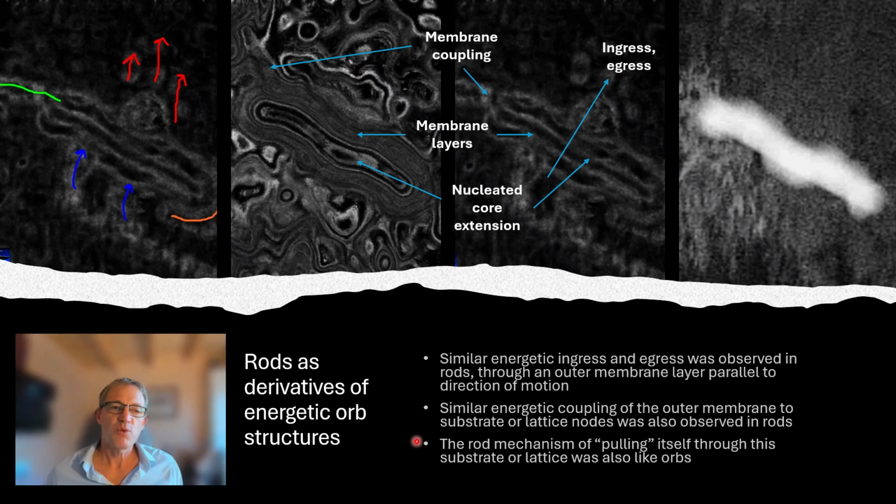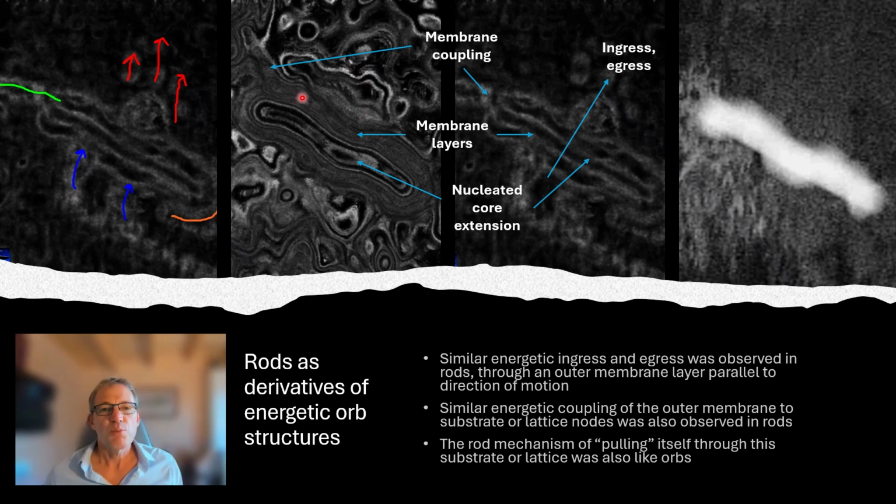Now, there seems to be some sort of mechanism of pulling itself through the substrate or lattice of space itself, which is similar to the orbs, and we'll show that later on where there's this lattice node coupling. We'll talk about it when I show you the frame by frame analysis, that there seems to be some sort of reaching out or pulling itself through this lattice, coupling with nodes in the lattice or substrate of space, harnessing material or energy from that, which is then circulated around the outer membrane, enters through an ingress point at right angles to the direction of motion, and then there's an egress point on the other side.